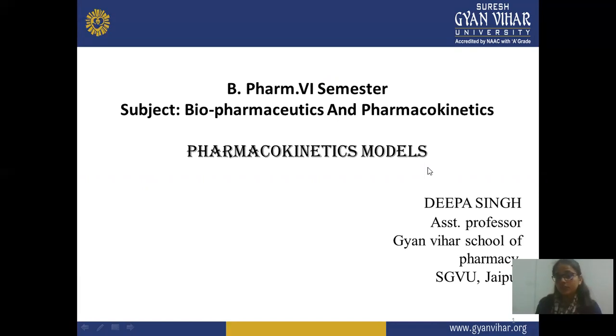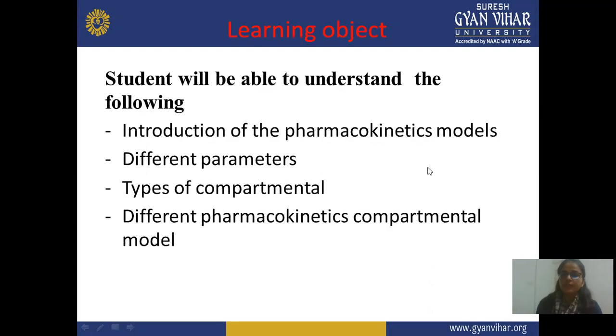Before starting this topic, you should know the learning objectives. The objectives are an introduction to pharmacokinetic models: what are pharmacokinetic models, their different parameters, and the types of compartmental models. This includes both compartmental and non-compartmental models, with introduction and description of the compartmental model, because in the previous lecture we already covered the modeling of pharmacokinetic parameters, including dynamic parameters as well.